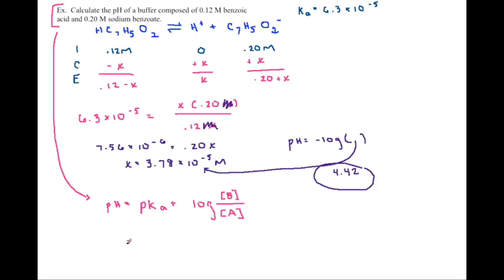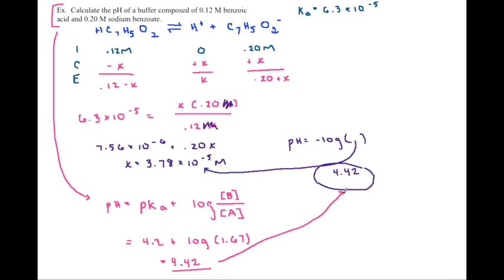So my pKa, the negative log of 6.3 times 10 to the negative fifth, is 4.2, plus the log of my concentration of my base divided by my concentration of my acid, and that ratio is 1.67. And so when I solve for the pH, I end up with 4.42, which is exactly what I got there. So you can do it either way.